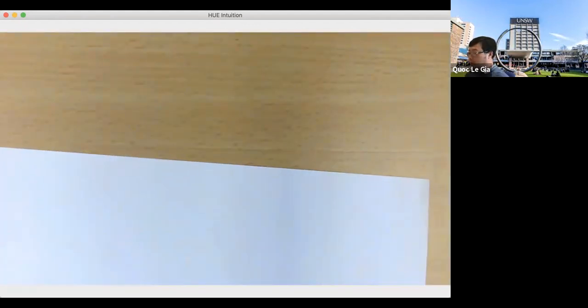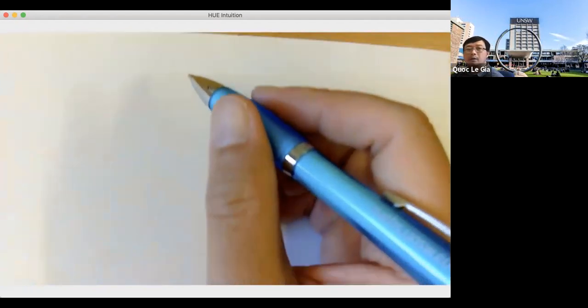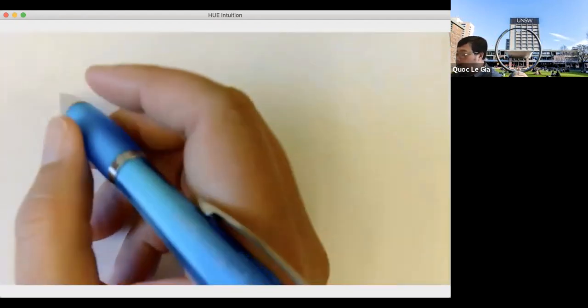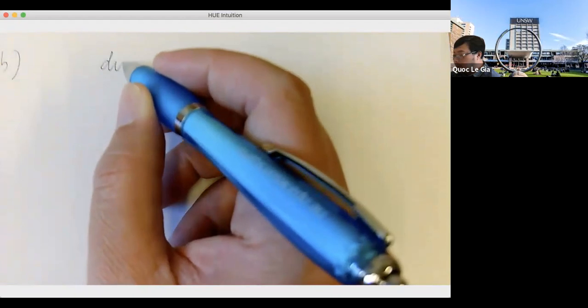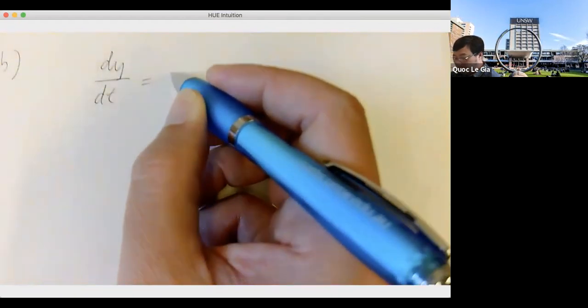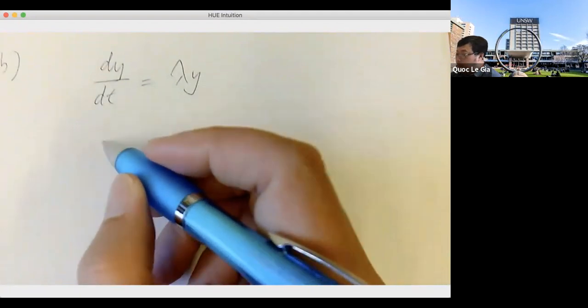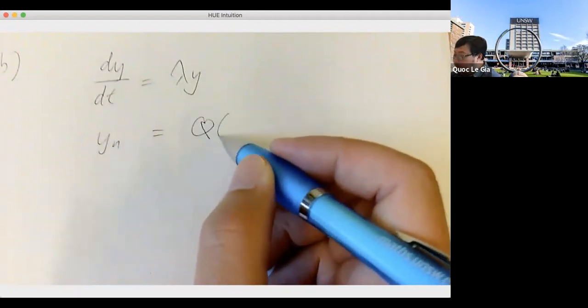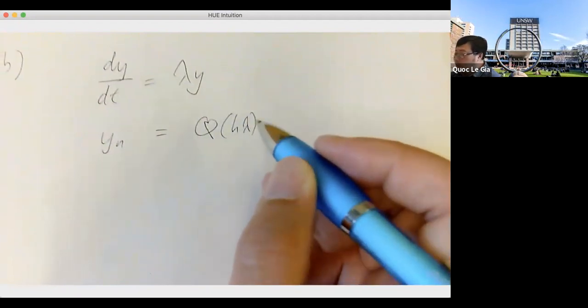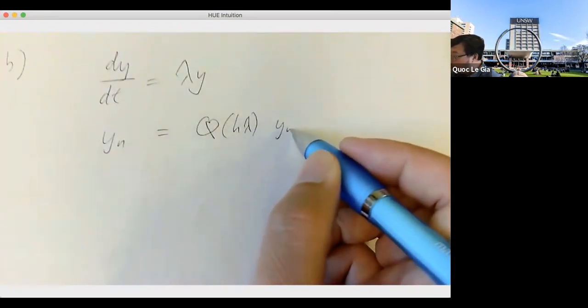And now the last question will be: suppose I put in the following ODE. And then I try to write down what is yn in terms of a polynomial q times yn minus 1.